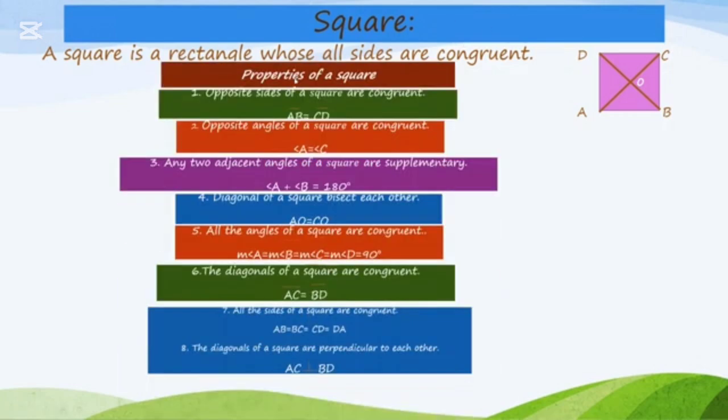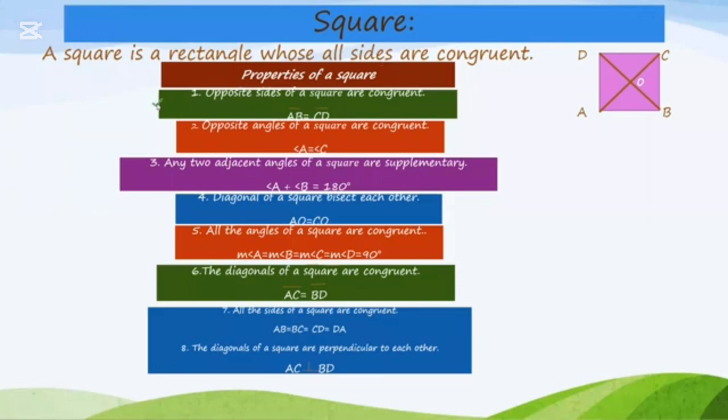So here are the properties of square. You can see that there are 8 properties of square, in which the starting 6 properties we have already discussed in rectangle.